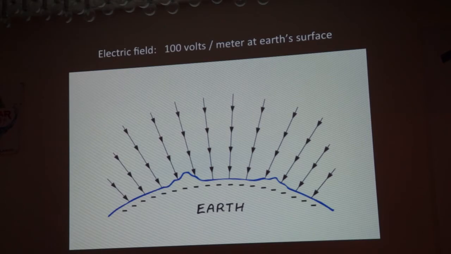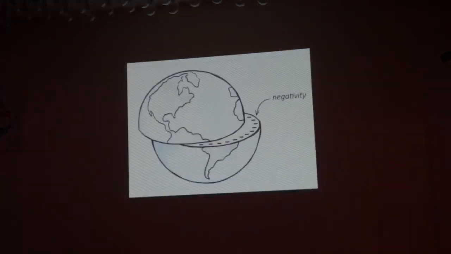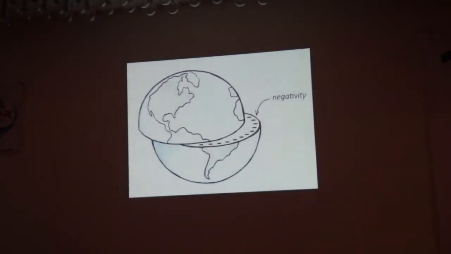We're, as Feynman says, a 2-meter person, so my nose is 200 volts positive compared to my toes. You never really think of that, but that's the way it is. So essentially, the Earth really looks like this, with negativity beneath the surface.